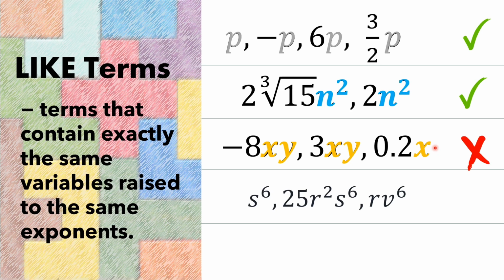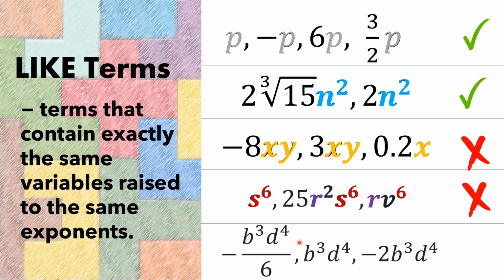Next set: s raised to 6, 25r squared, s raised to 6, rv raised to 6. So obviously, these three terms or expressions don't have the same variables raised to the same exponents. Therefore, they are unlike terms.